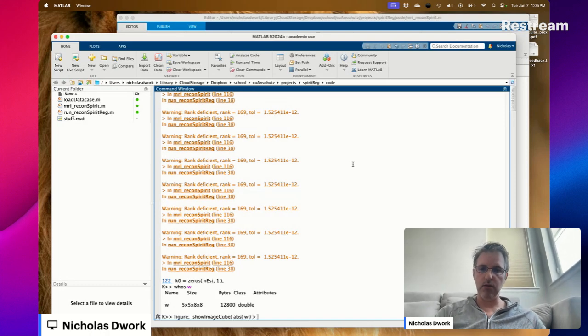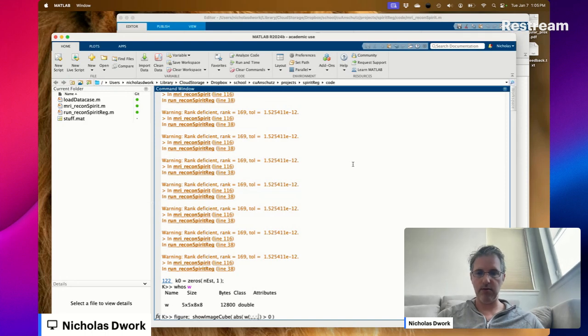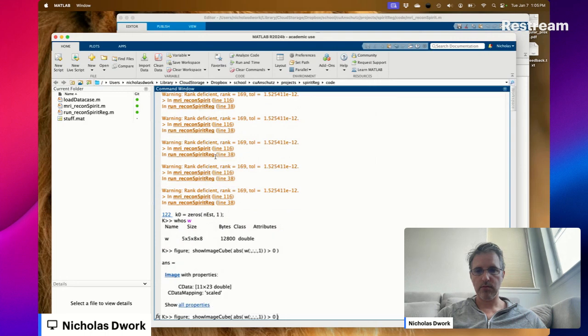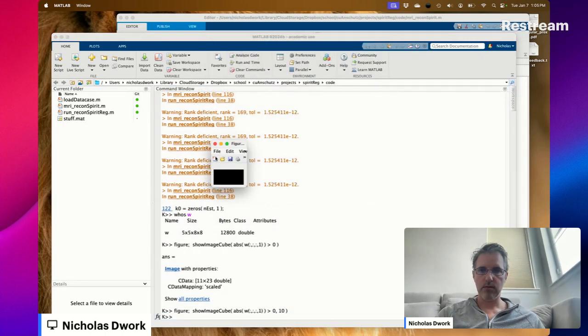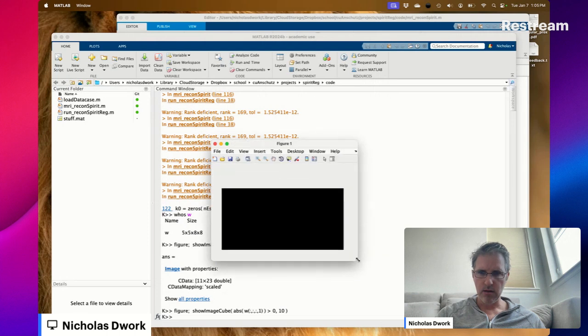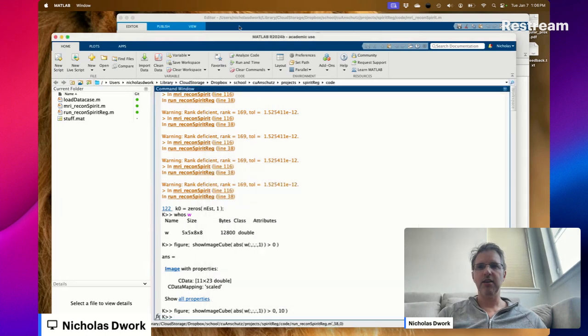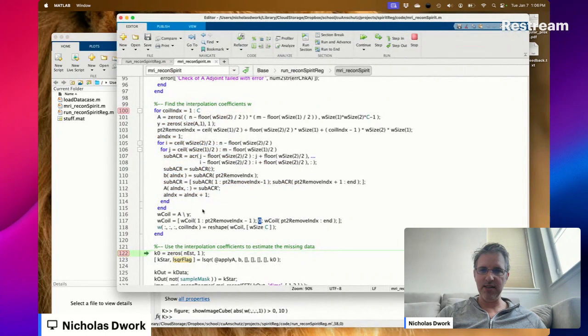I want to see where the absolute value of W is greater than or equal to 0. And we're just going to look at the values for the first coil. Okay. Are they all 0? They're all 0. That seems to be an issue, doesn't it?